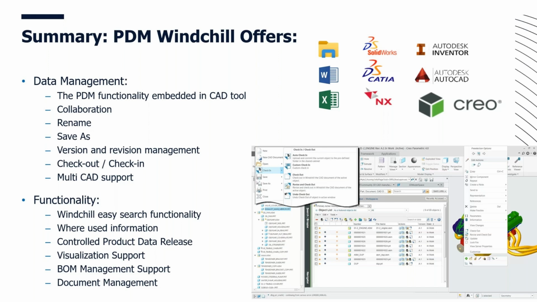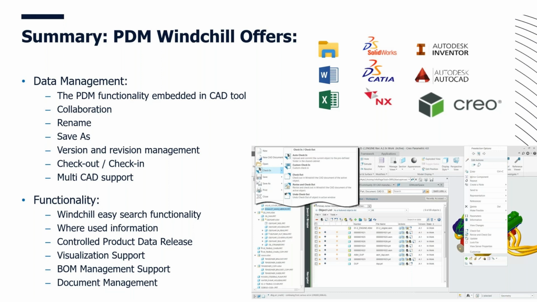In PDM Windchill you have the embedded functionality. You can collaborate with each other. There's rename or save as functionality. There's also version and revision management. You can check in, check out the files to block them from modification by other users. You have multi-CAD support within Windchill.